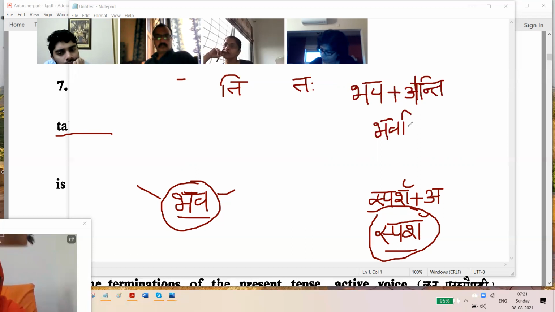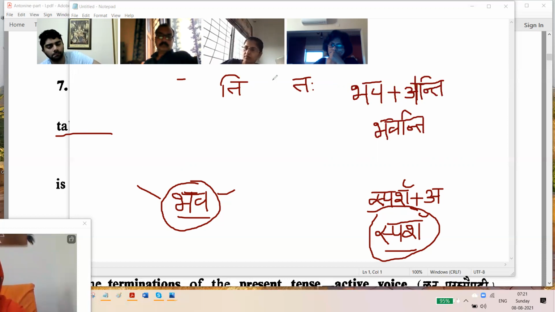Because in other conjugations there may be some consonant there. That is why for all 1, 4, 6, and 10, the a is always elided in front of akara. So bhavati, bhavataha, but here bhavanti. This is the rule.